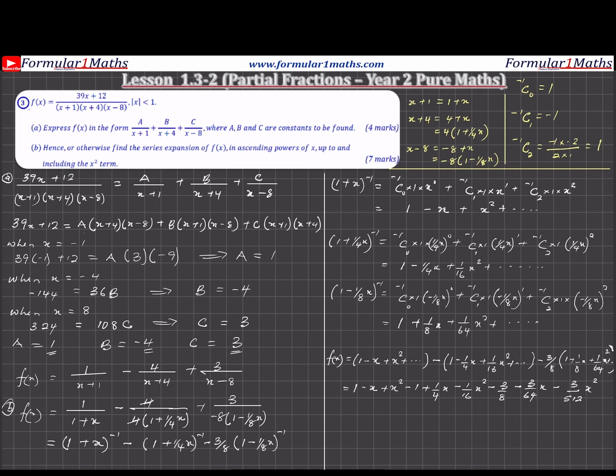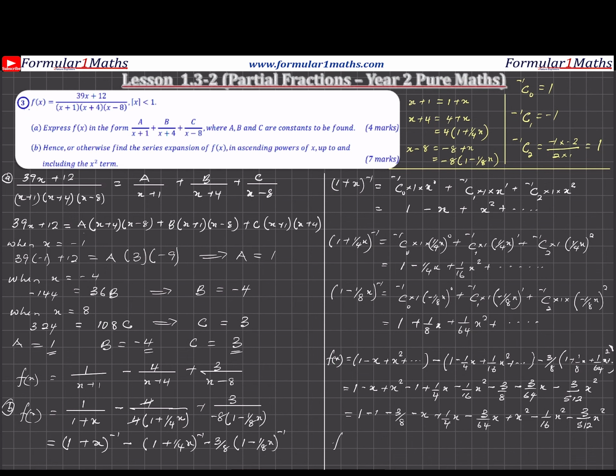I'm now going to collect like terms, and I'll have 1 minus 1 minus 3 over 8 for the constant terms. And then for the x term, I'll have minus x plus 1 over 4x minus 3 over 64x. And for the x squared terms, I'll have plus x squared minus 1 over 16x squared minus 3 over 512x squared. So simplify the whole thing.